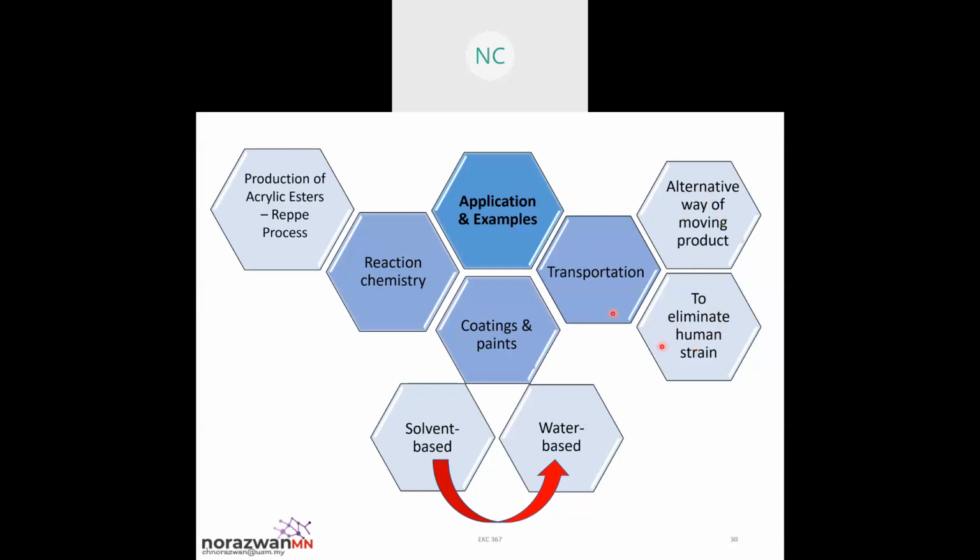Because there are some chemical plants that have been located nearby, maybe the same company with this specific plant, but their locations are separated. So they will use transportation like lorries or trucks to transport the material from one plant to another.